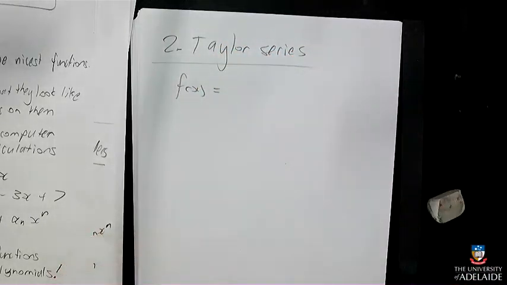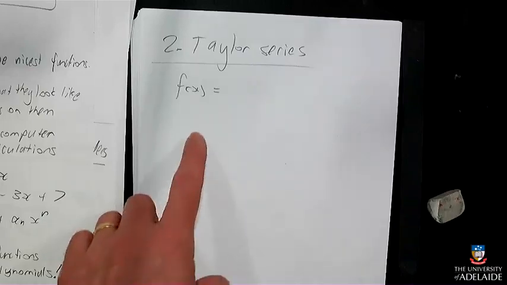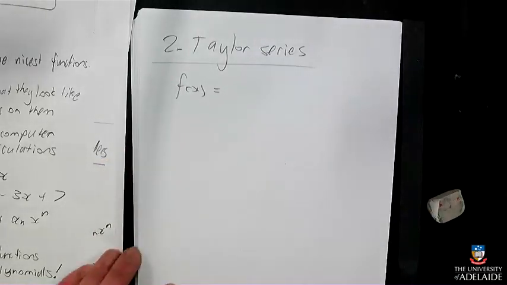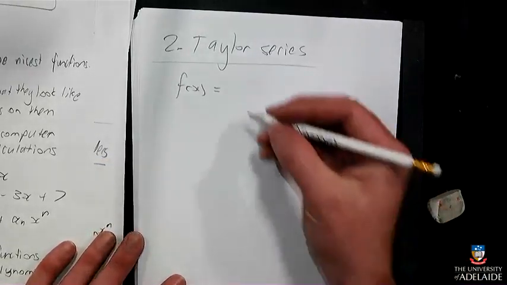So if, instead of stopping and figuring out how accurate it is, you went forever, you could actually say that it's not just equal to the Taylor polynomial and an error, it's literally equal to the infinite Taylor polynomial.